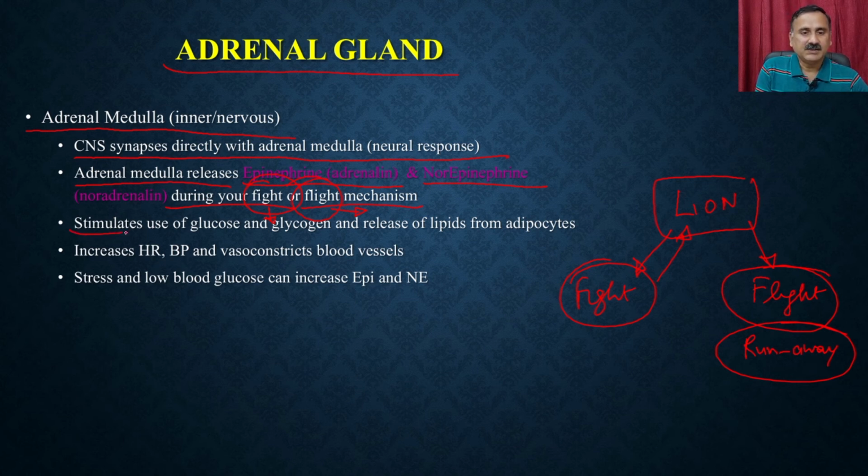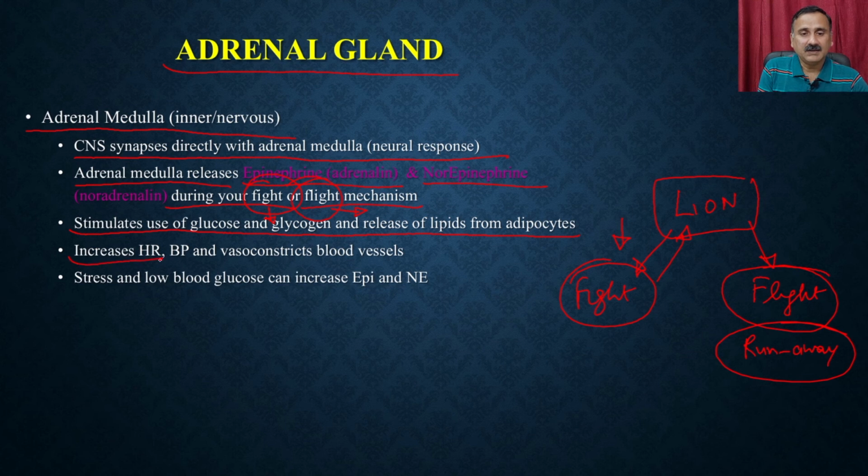So, it stimulates the use of glucose and glycogen and the release of lipids from the adipocytes, because this hormone is responsible for contributing to the fight or flight response. It is modulating the metabolic pathways. So, it is going to change the glucose and the glycogen, and it is going to release the lipids from the storage materials, and that is how all these materials are going to be used for the fight or flight response.